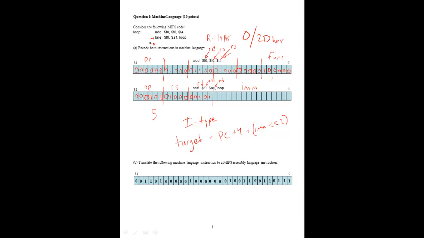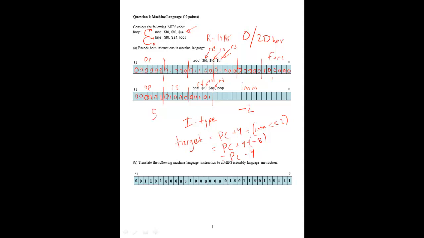But instead, this branch is targeting the label loop. It's targeting this add instruction. And so in order for us to branch to that instruction, we need to go backwards 2 instructions. And so we want this immediate to encode the value -2, or alternatively, we want this target to be targeting PC -4.